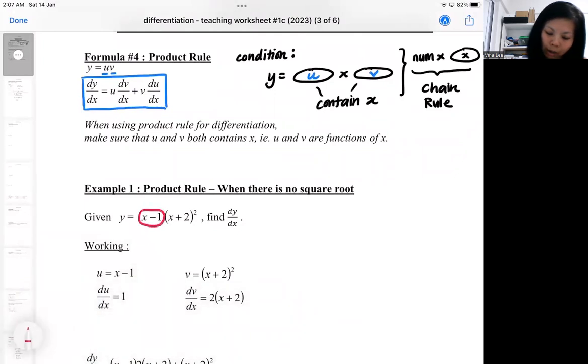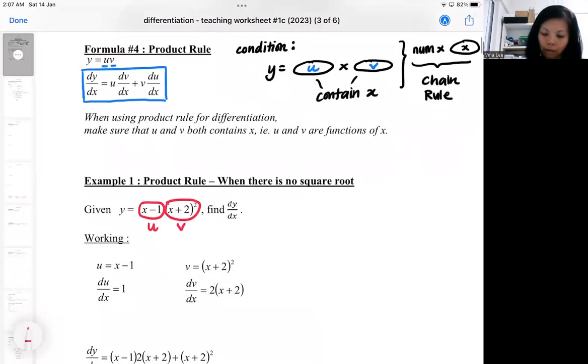This bracket is multiplied to this bracket. Can you see both items contain X and there is no square root. In this case, the first one will be U, the second one will be V. It's kind of like first come, first served.